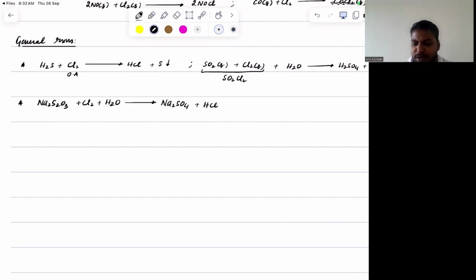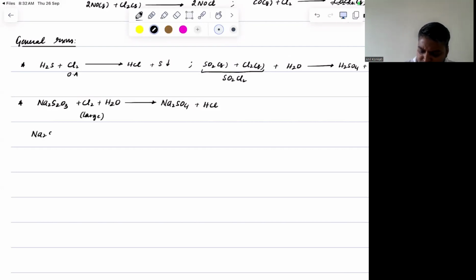But it depends upon how much amount of chlorine we have. Got it? If you have a small percentage of chlorine, this is considering a large percentage of chlorine.